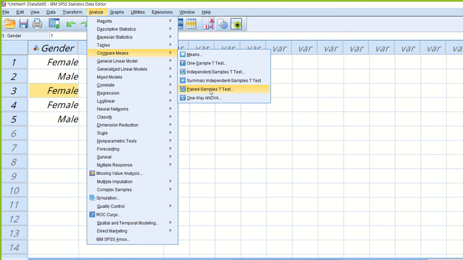This is medicine 1, this is medicine 2. They are independent. They are not the same medicine, different medicine. Two different toothpastes, Signal or Colgate. They are different, so they are independent.